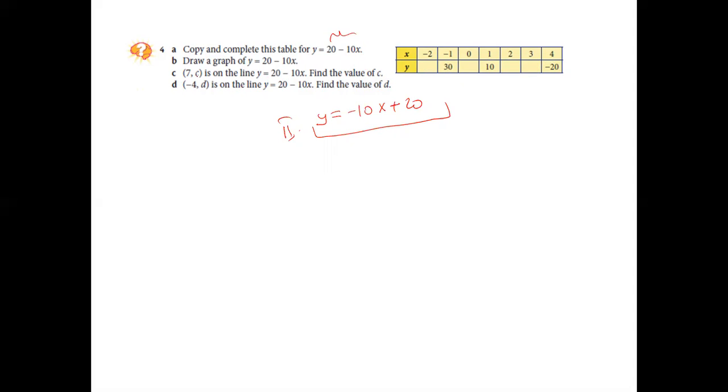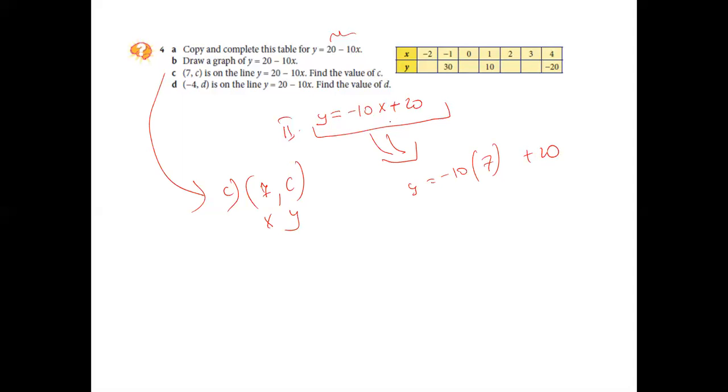Okay, how can you find it? Let's do it together. C. So it was the x, and the second value is our y. And what was the equation? The equation is here. So if I put 7 in the place of x, y is equal to negative 10 times 7 plus 20. What is y? Because y is equal to c, as you see here, the second value of our coordinate system is y.